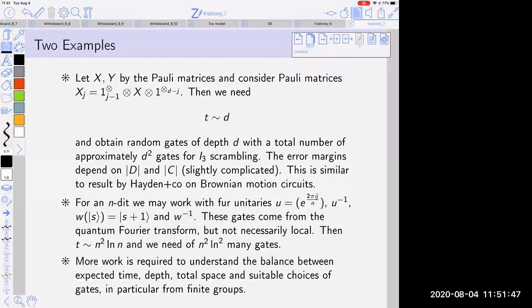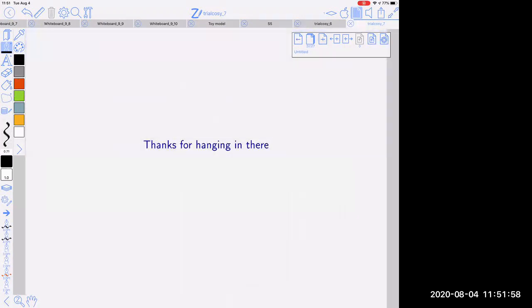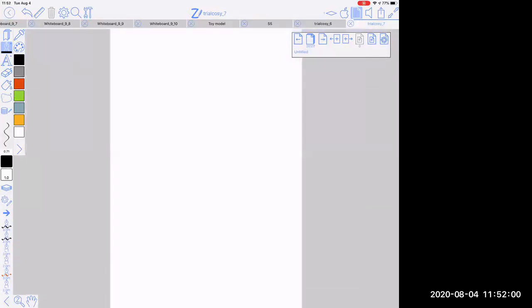Yeah, so examples for scrambling. I have two nice examples. Let me say something about the first example. We first start with M2, or just the X and Y matrix.